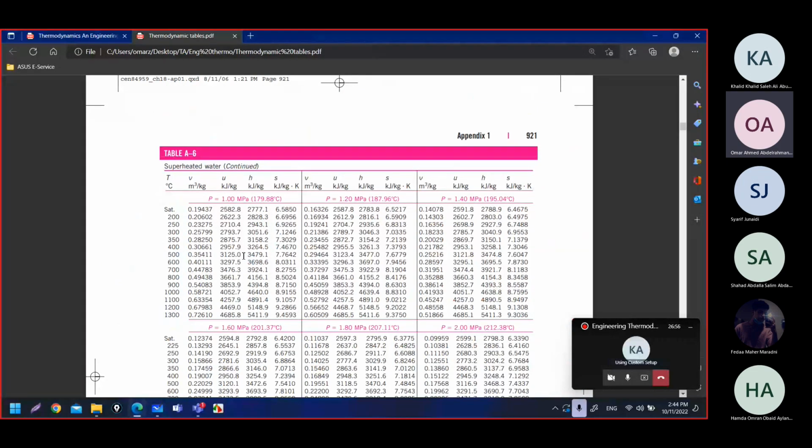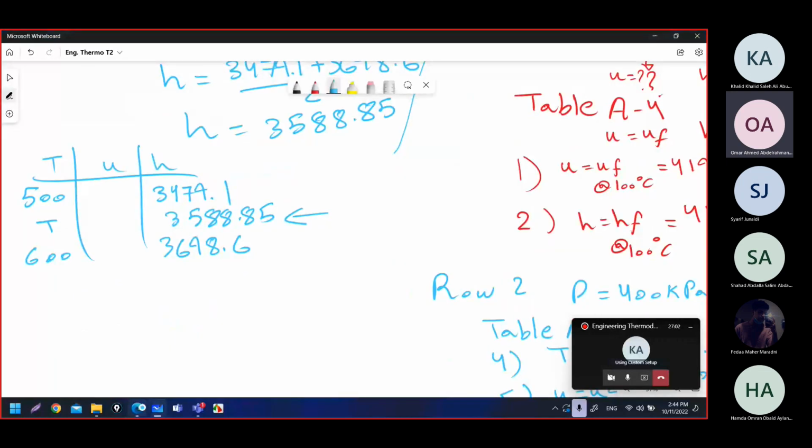I will take these two numbers and write them. So it will be 3125, and I want to calculate U, and the last number is 3297.5. Then you will do interpolation. Of course you will take T with H, and then U with H, because in H you have the 3 values, and in U and T you have only 2 values, and one value is missing.